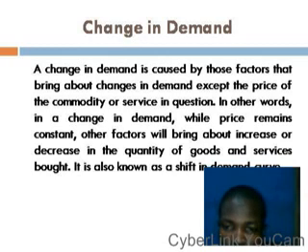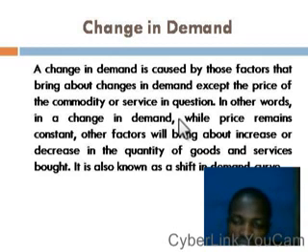So let's look at it. A change in demand is caused by those factors that bring about changes in demand, except the price of the commodity or service in question. So as you can see, the price is assumed to be constant.